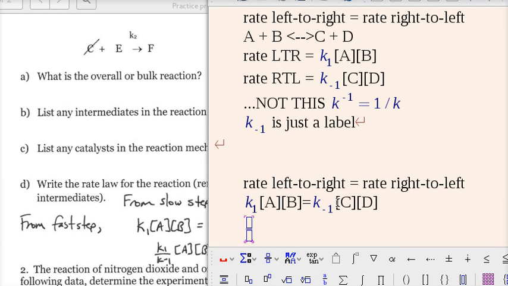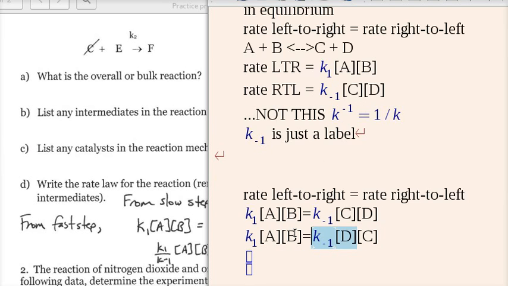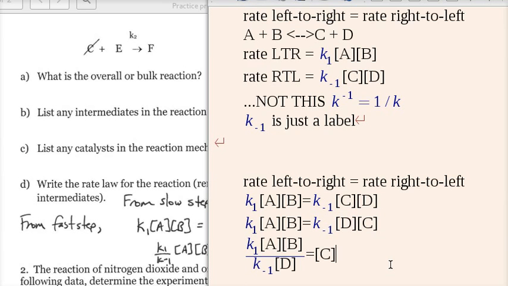So to solve for C, you divide everything else. I'm going to rewrite this just to show the algebra very clearly. I'm going to divide this stuff over there. So that's not too bad.